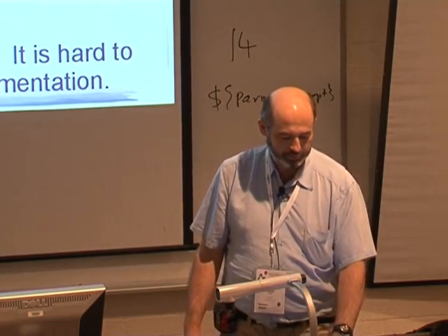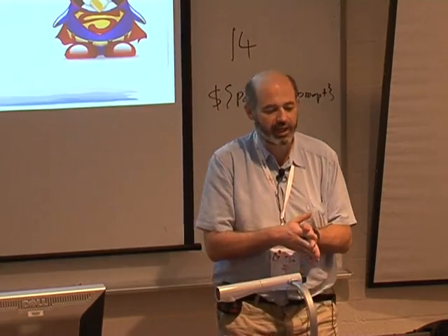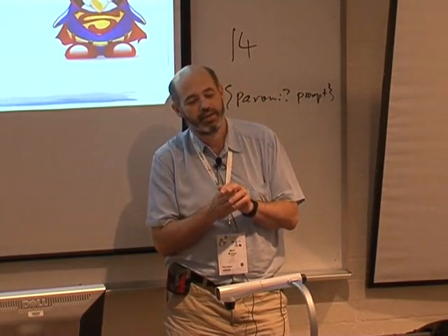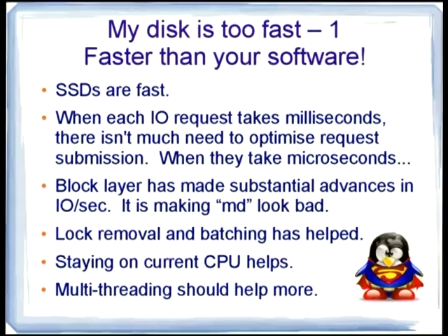Yes, hard to test, no documentation. My drive is too clever, and my drive is too fast. This is more recently, really talking about my drive as an SSD, and you don't support them very well, but I thought saying my drive is too fast was a bit cleverer, so I did. First problem with my drive is too fast, and this is a problem that Jens Axboe has been fixing really well in the block layer, is because the drive is so fast now, it's faster than our software, and we're starting to look bad.